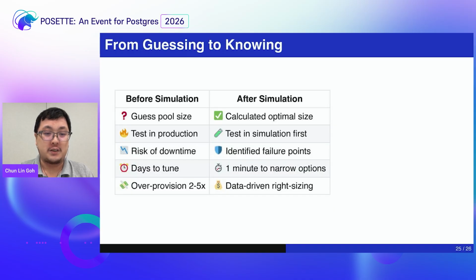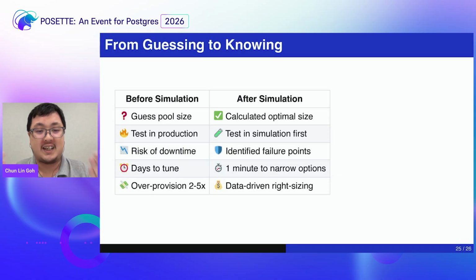So today's conclusion of this sharing is that instead of guessing, we do performance testing on our infrastructure by shifting left using discrete event simulation. Before simulation, you just guess or you just test in the actual cloud environment. But now you can do it locally.